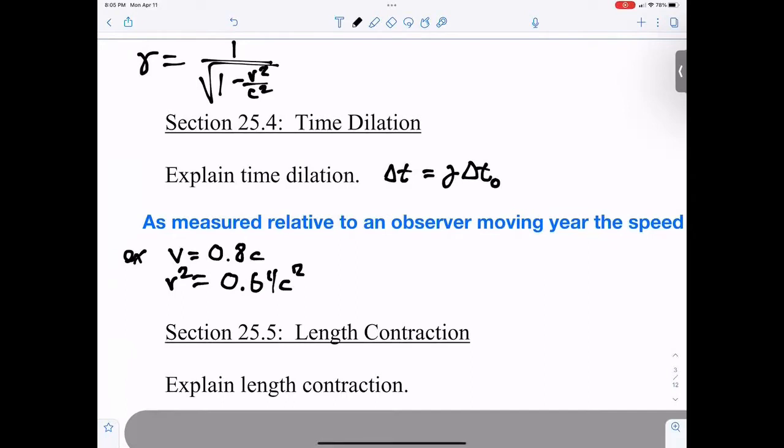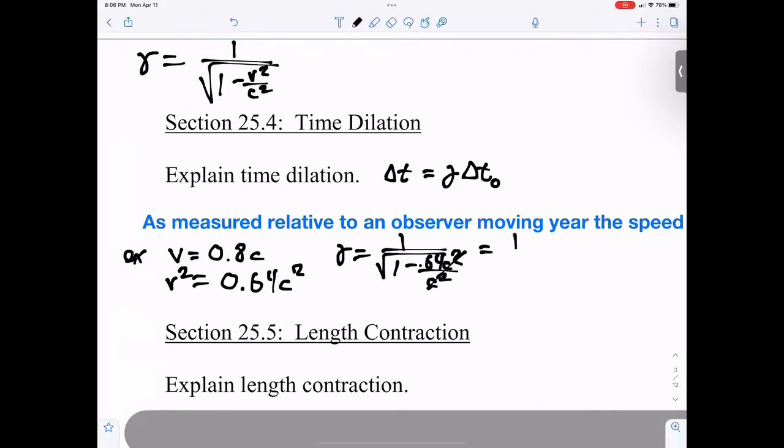And figuring out gamma, I would have 1 minus 0.64 c squared over c squared. You can see c squared is going to cancel, and if I take 1 minus 0.64, I get 0.36. If I take the square root of 0.36, I get 0.6.